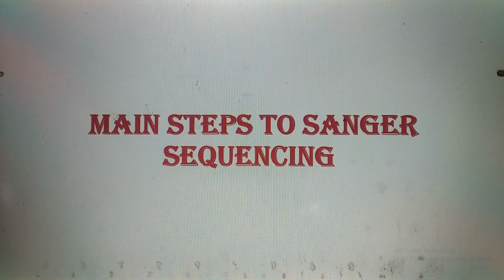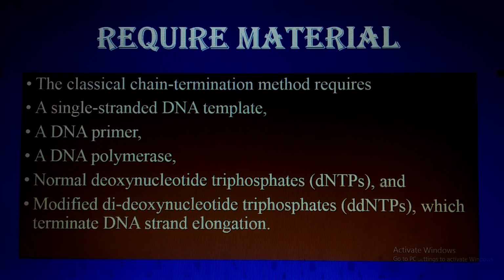Okay. Now I will discuss in detail the main steps of Sanger sequencing. But before discussing the Sanger method, I will share the required material we need for Sanger sequencing.